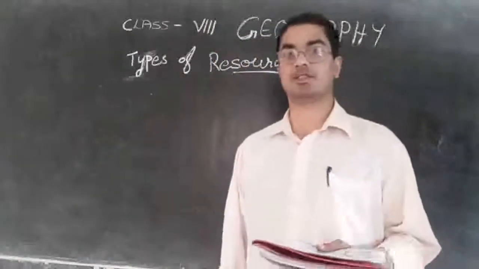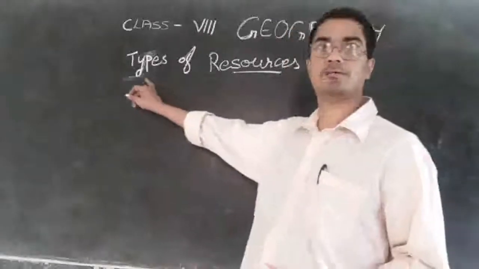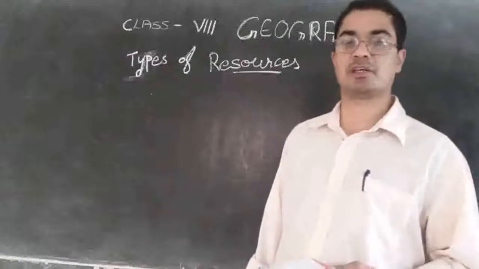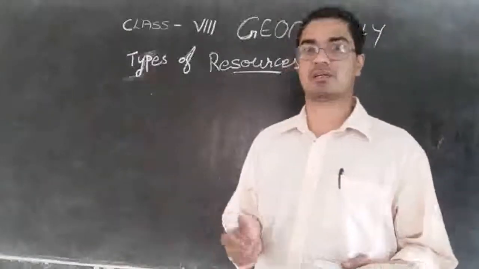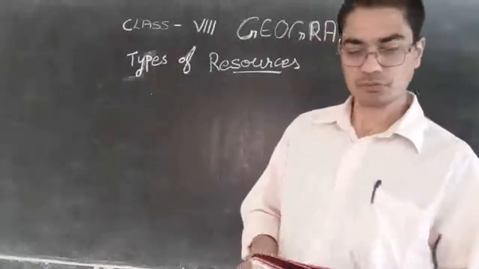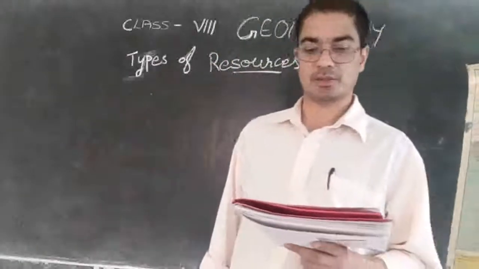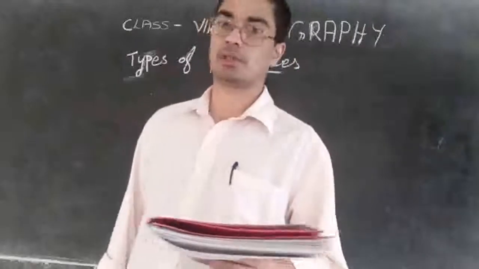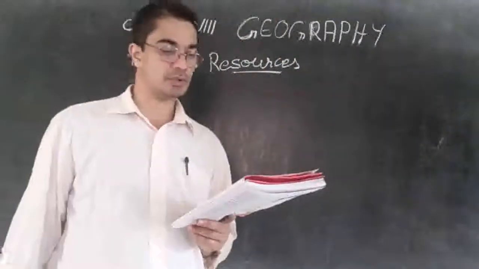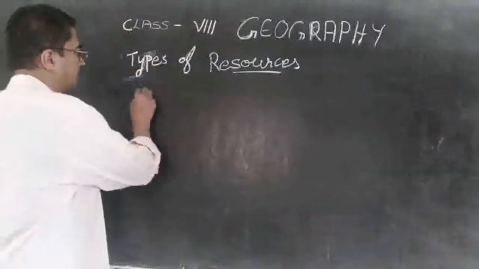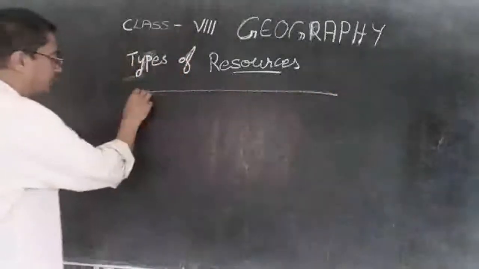And today, let us see about the types of resources. There are different types of resources, and let us see what they are. So we can mainly say that the resources can be divided into three.